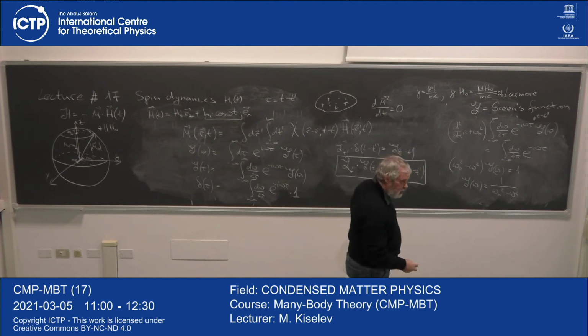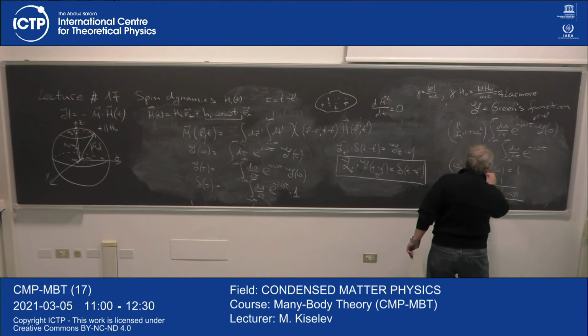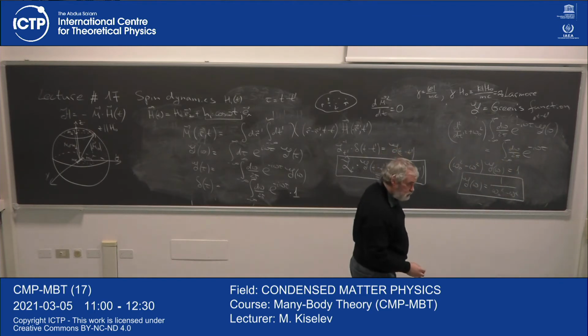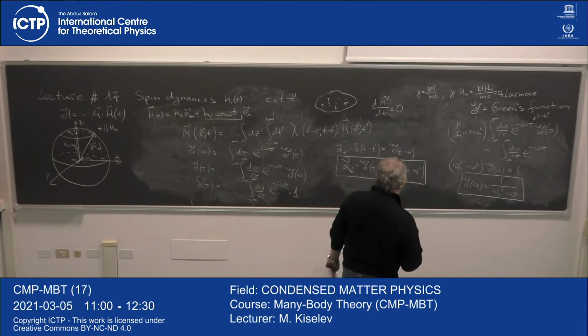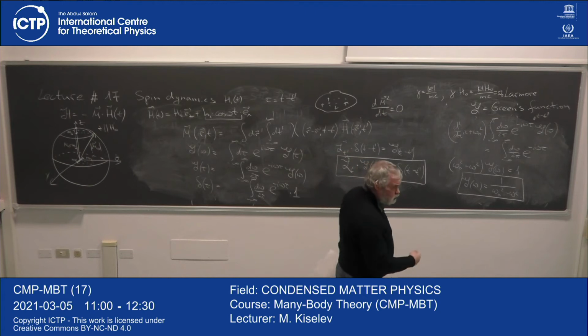So this is how I found the Green function of my linear differential equation. Now, in order to find the Green function as a function of time, I need to take the Fourier transform of this function.